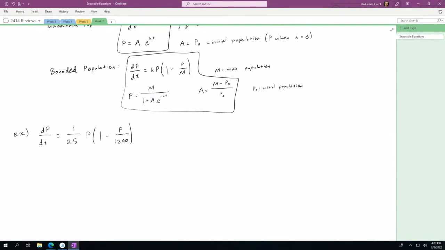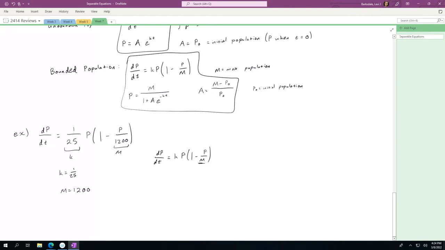Now, in this case, I can immediately pull out what k is, because I always have the form dP/dt equal to k times P times (1 minus P over M). So this is my k value, 1/25. I can also immediately pull out what my maximum value is.